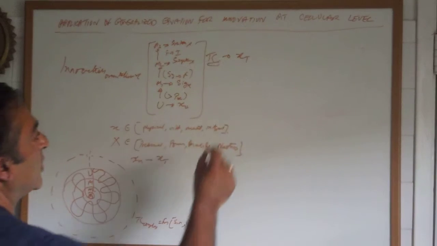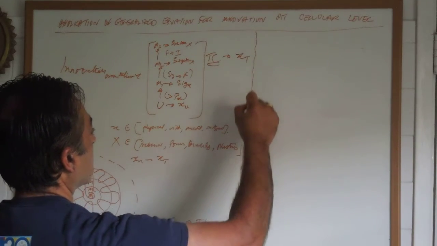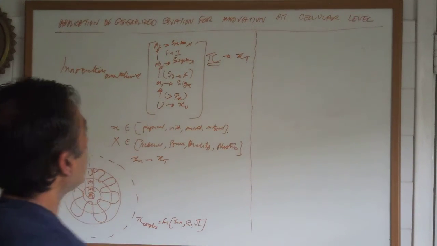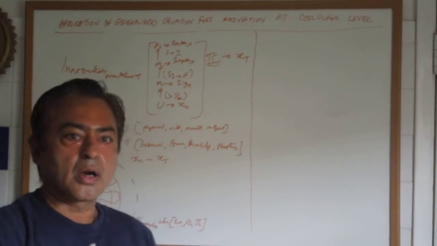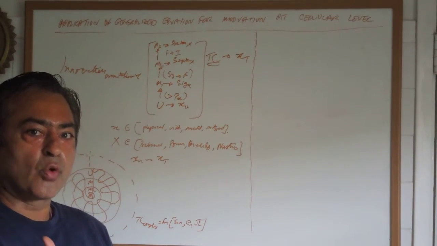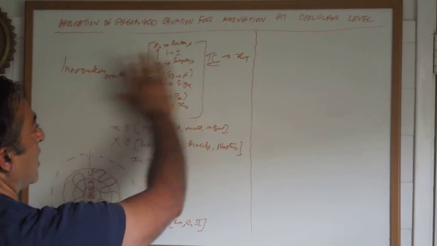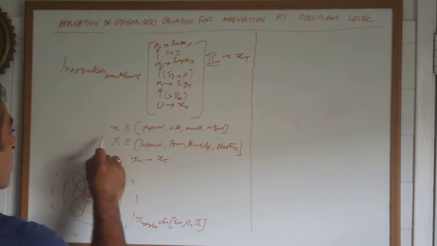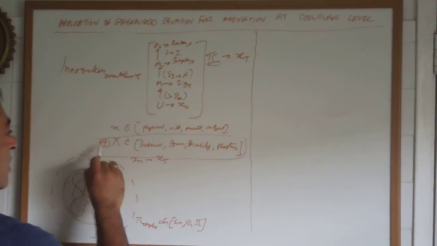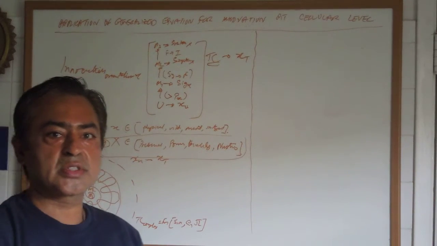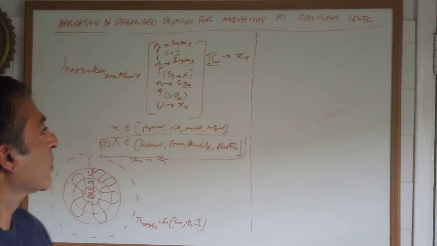Now, when we think about action at the cellular level, the prerequisites are that the 4 bases from which this entire mathematics is derived, so if we think about this set of architectural forces, these 4 bases should exist within the cell as well, and the question is, does it?